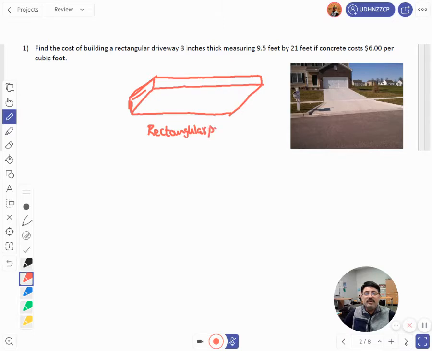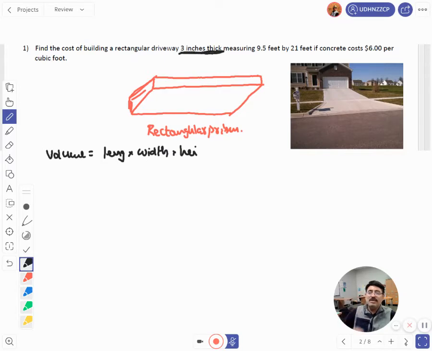Prism. So what does the volume mean? You know that it is length times width times height, right? So volume equals length times width times height. Let me plug in those values. 3 inches thickness, thickness gives me the idea of the height. So let me plug in 3 here.